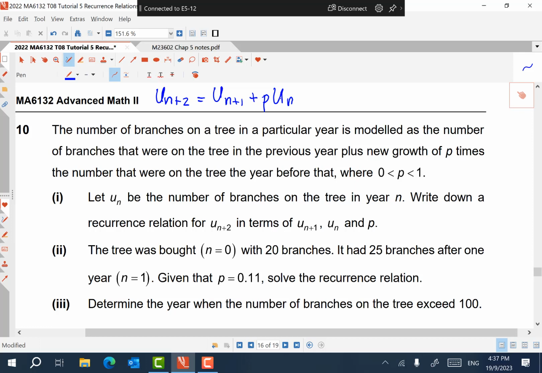If you have gotten the blue color line, class, you've done it. The recurrence relation governing the scenario given in question 10.